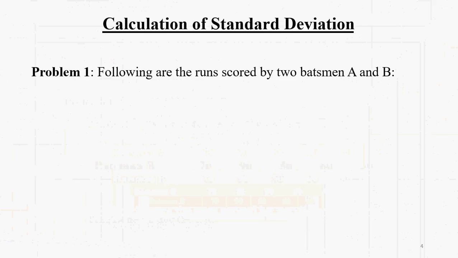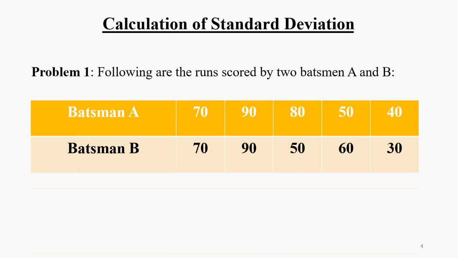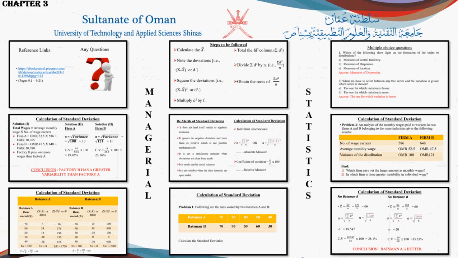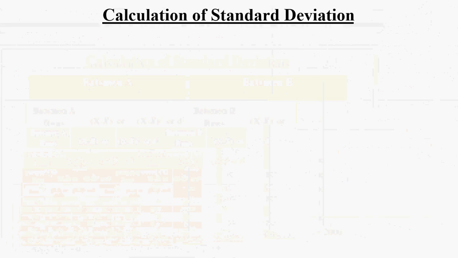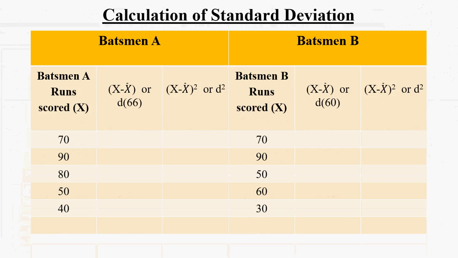Now let us focus on a problem. Following are the runs scored by two batsmen A and B. This is the runs given. You need to calculate the standard deviation. Let us see how to calculate it step by step. Step 1: you need to make a table like this.